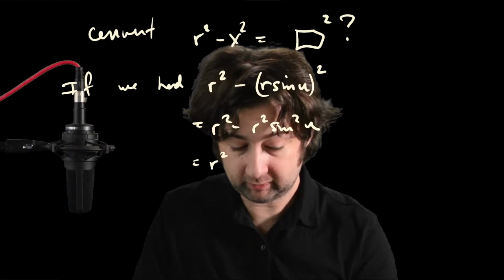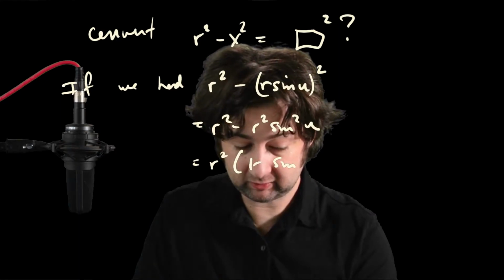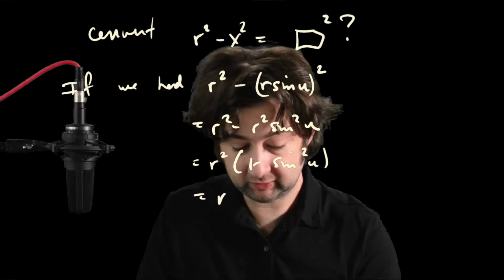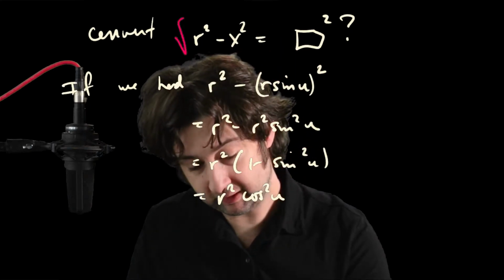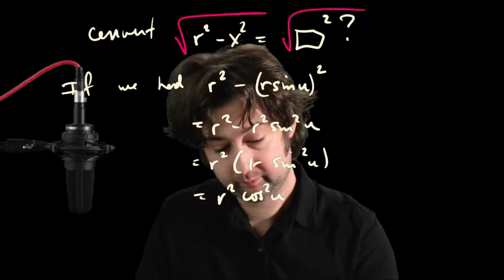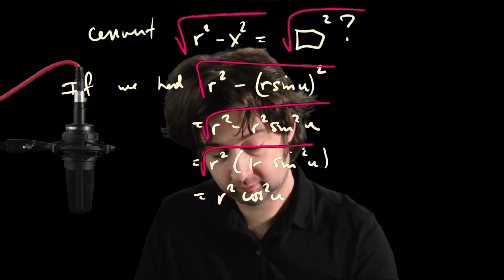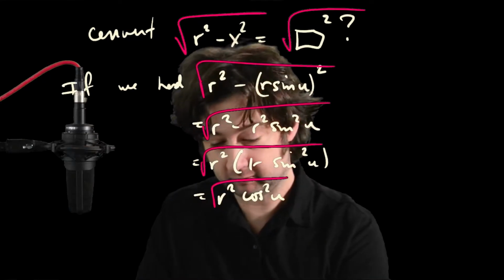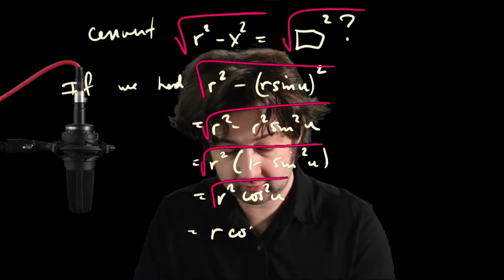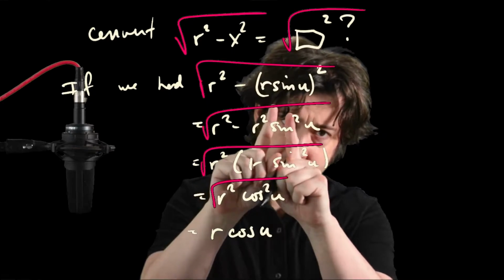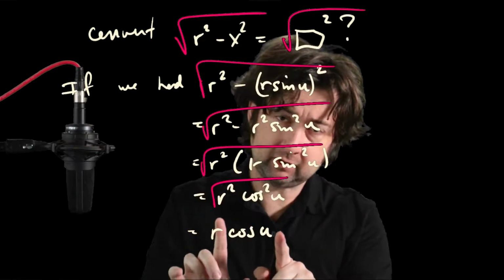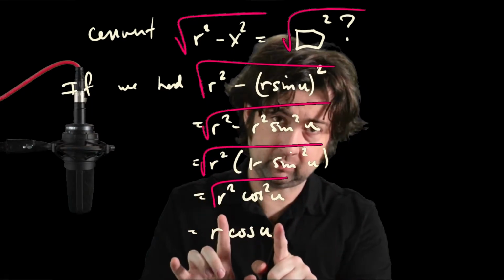The r squared would pop out, and we'd have a 1 minus sine squared of u left over, which is really just a cosine squared. And so the square root of this will cancel into r cosine u. So if it was a sine, we could use the Pythagorean identity to get rid of the square root.